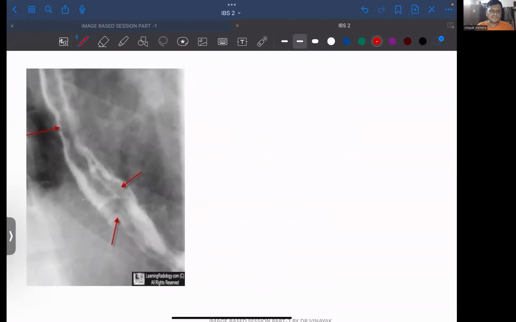Patient of CLD now presented with hematemesis. Investigation was done, and this is the picture which we are seeing. What is the diagnosis? What happens in a CLD patient? If you know it, the answer is in front of you. Even you don't need to look at the image.